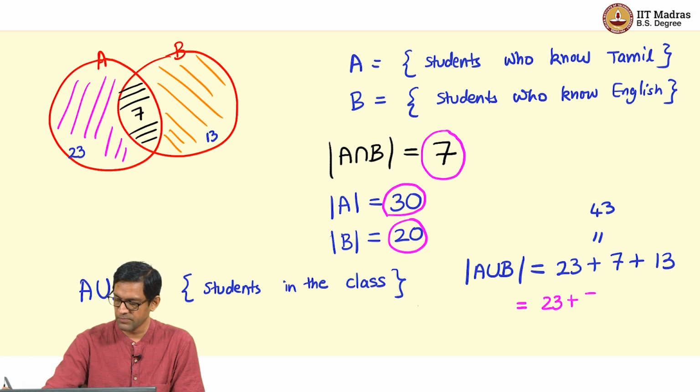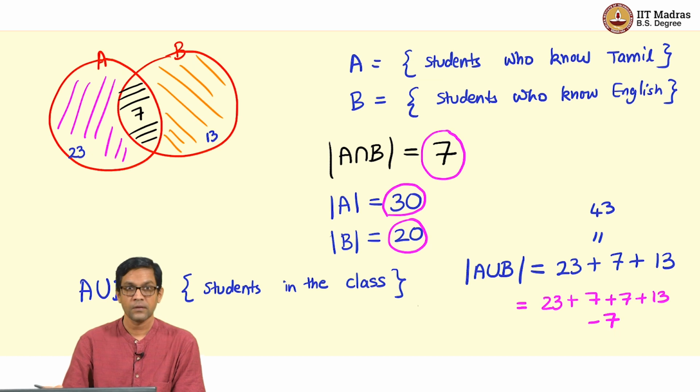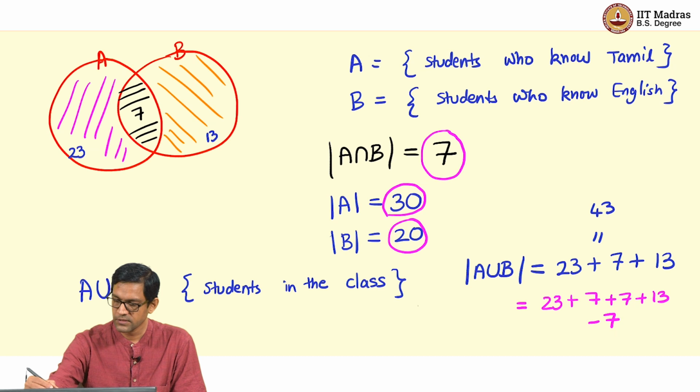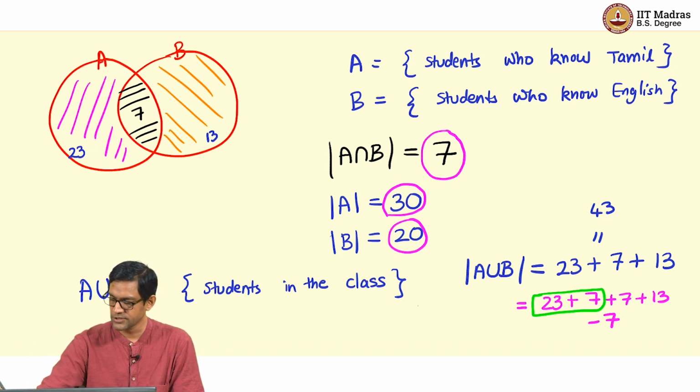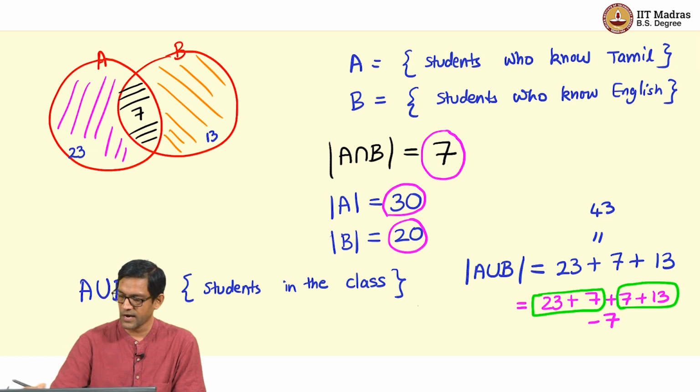I have 23 plus 7, I will add another 7 to it, plus another 7 plus 13, but since I added an extra 7, we are going to subtract that out, and now we will identify this with the given pieces of information. Now 23 plus 7, that is the cardinality of A, that is the exclusive part and the intersection. Likewise 13 plus 7 is the cardinality of B, and 7 is the part in the intersection.